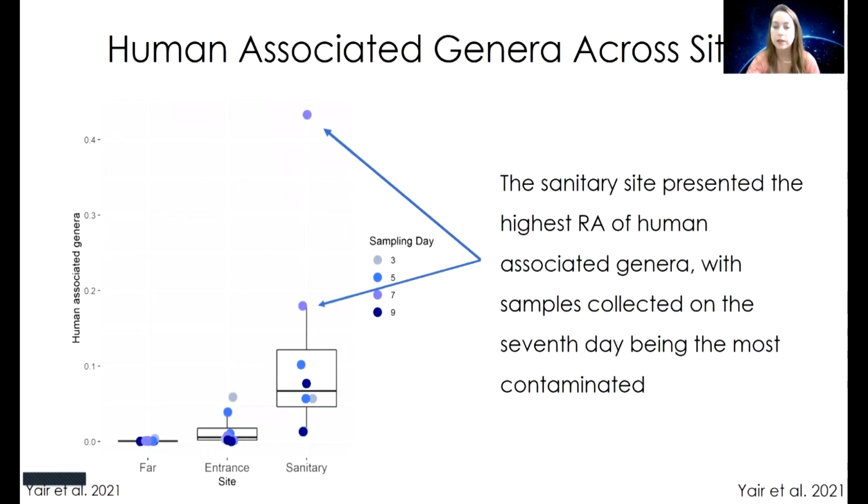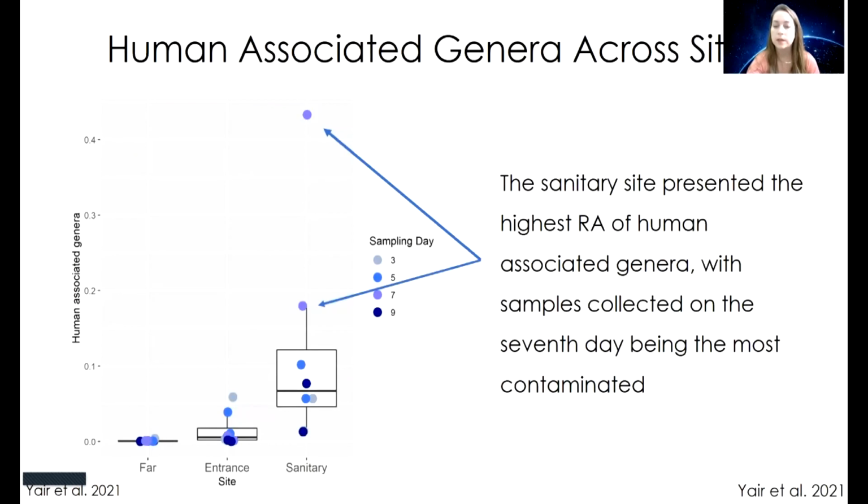The sanitary site presented the highest relative abundance of human-associated genera, with samples collected on the 7th day being the most contaminated. As an example, the genus Citrobacter had an average relative abundance of 0.09% on the 3rd and the 5th day, and on the 7th day, its relative abundance in samples taken from the sanitary site increased to 38%.